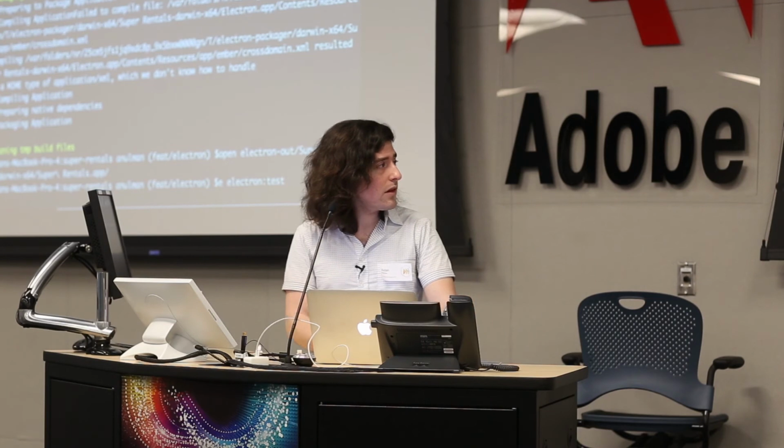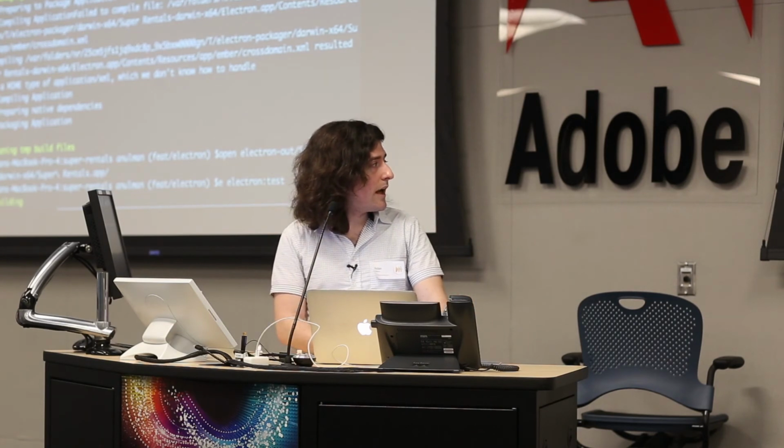So flipping over to terminal once more, you can call Electron test, and it will build and open up the app in a test window right here. And I'm not even going to try waiting for that one this time.